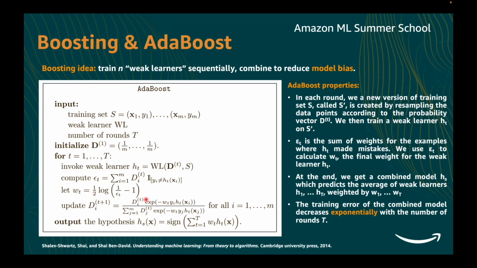It's going to be w t into some positive exponent value, so it's going to become a very large value, and so it's going to upweigh the probability score of that example. Therefore, in the next round, if the classifier incorrectly predicts that, it's going to pay a very high cost, right? So this is the idea of these probability scores d of t plus 1.